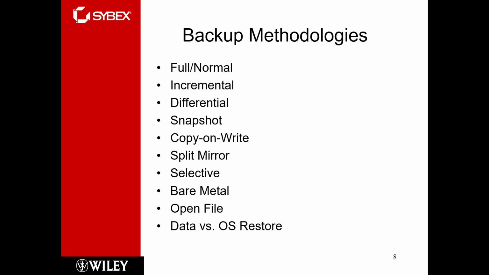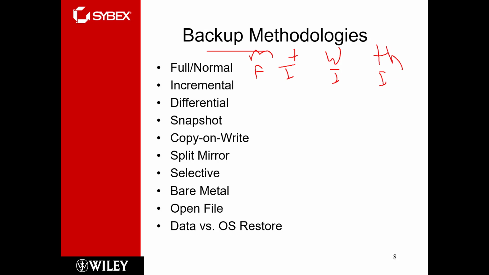We have an incremental backup, and essentially it will take everything since the last backup. So you have to recover the last full backup and then all the incrementals. So I'm actually going to do like a Monday, Tuesday, Wednesday, Thursday type thing. Let's say we do a full and then we do an incremental, and then there's a failure on Thursday.